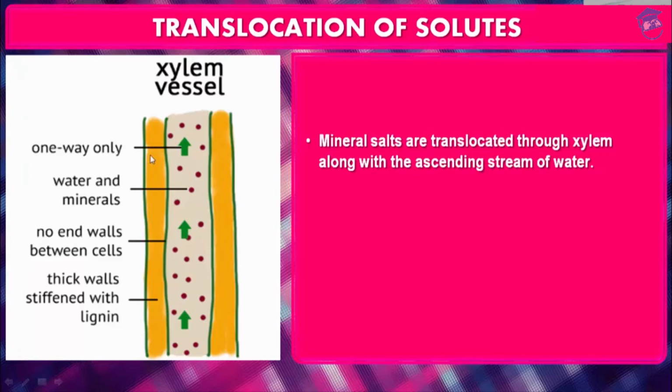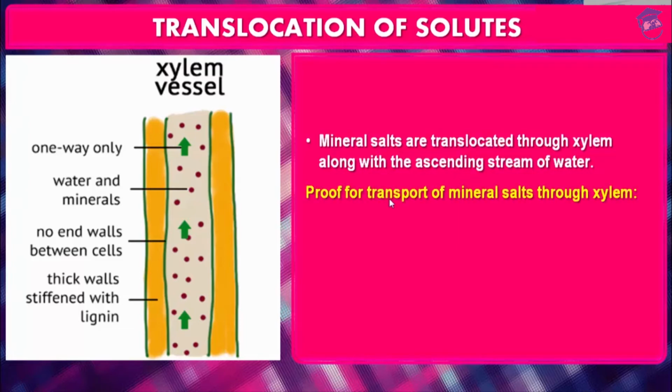This is one way only, that means it goes from the root to the upper part of the body, and these dots are representing water and minerals. There are no end walls between the cells. These are the thick walls which are stiffened with lignin. This yellow one is showing the lignin deposition. So mineral salts are translocated through the xylem along with the ascending stream of water.